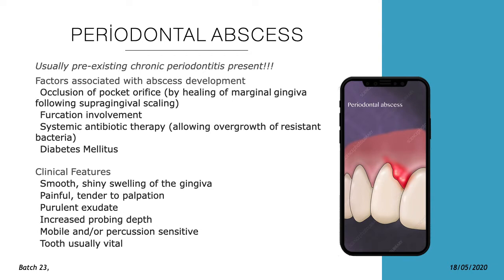Another reason may be furcation involvement, where it is very difficult for the patient to manage and remove all the local factors and bacteria in the furcation region, which results in formation of abscess.